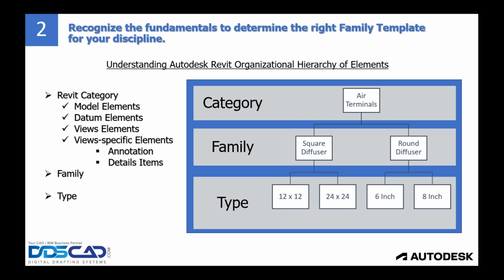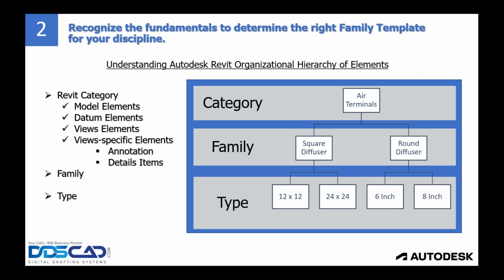For example, air terminals, like you see there. There are a variety of different kinds of air terminals: square diffusers, round diffusers, diffusers hosted by the wall, and diffusers 90% of the time hosted by the ceilings. All of those different styles of this particular category, air terminals, are considered families.